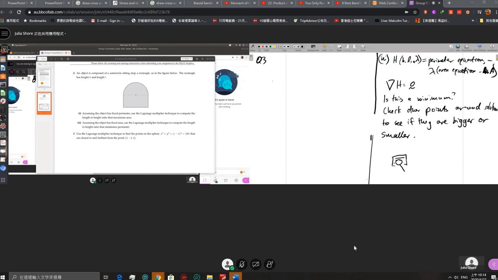So if we have a point P equal to (3, -4, 2), the distance from P to a point (x, y, z) is the square root of (x minus 3) squared plus (y plus 4) squared plus (z minus 2) squared. That would be the distance between an arbitrary point and the point that we've been given.